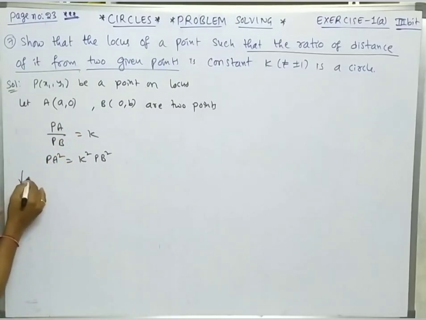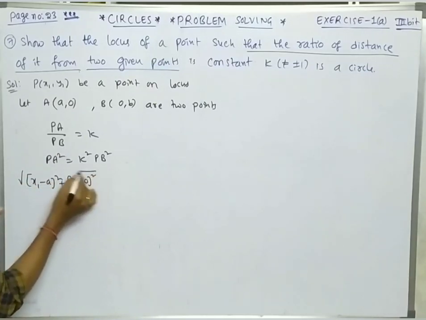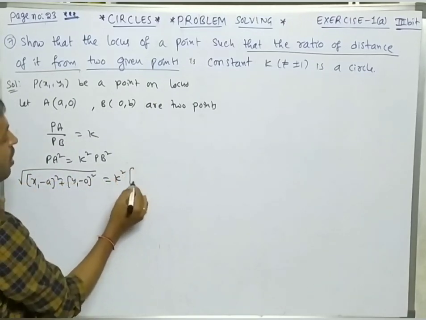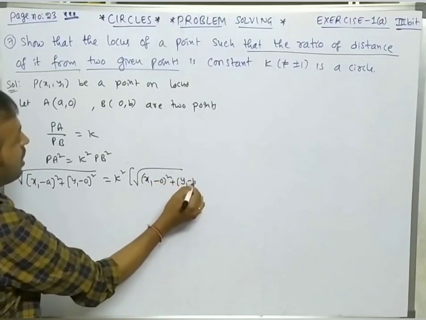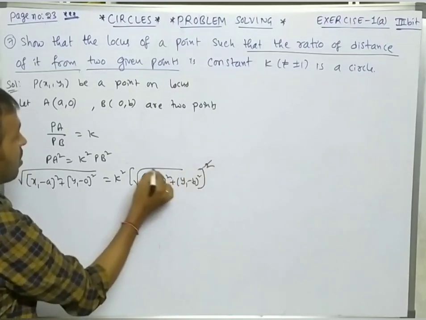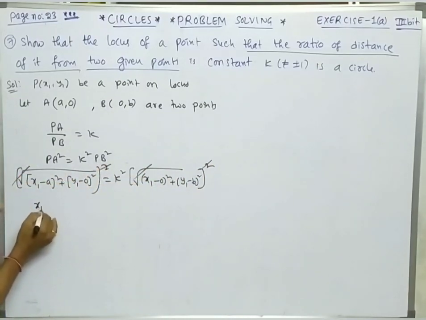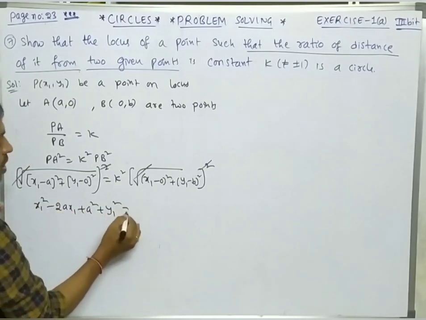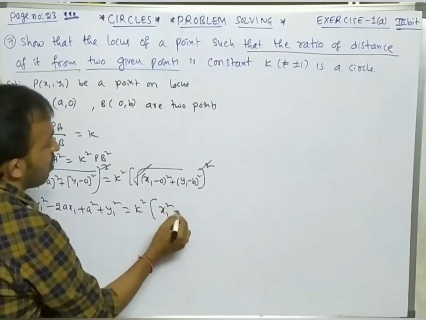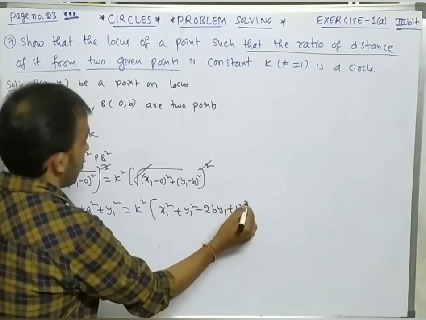PA square is (x1 minus a) whole square plus (y1 minus 0) whole square, equals k square into (x1 minus 0) whole square plus (y1 minus b) whole square. Now x1 square minus 2a x1 plus a square plus y1 square equals k square into x1 square plus y1 square minus 2b y1 plus b square.